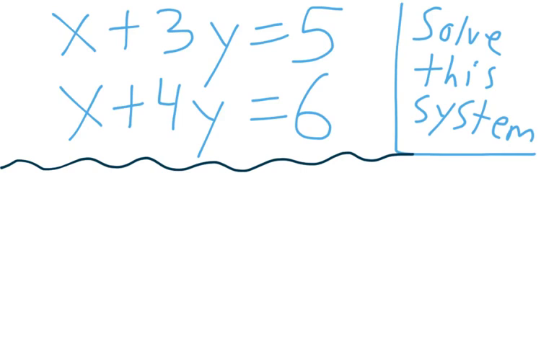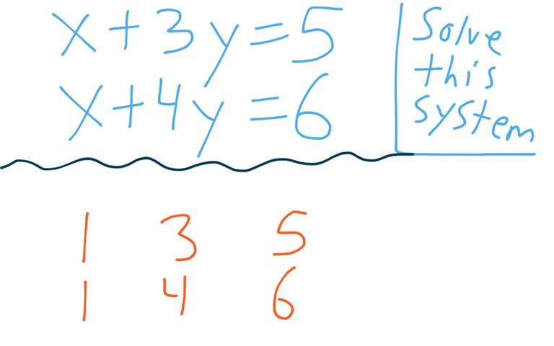Here's my first system: x plus 3y equals 5 and x plus 4y equals 6. I could do elimination, right, and multiply this equation by -1 and then add things together, but I'm not going to do that. Instead, I'm going to make what is called an augmented matrix that looks like this: 1, 3, 5, 1, 4, 6.